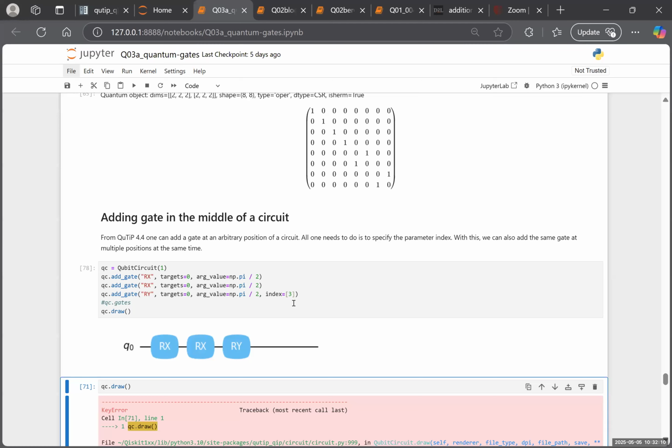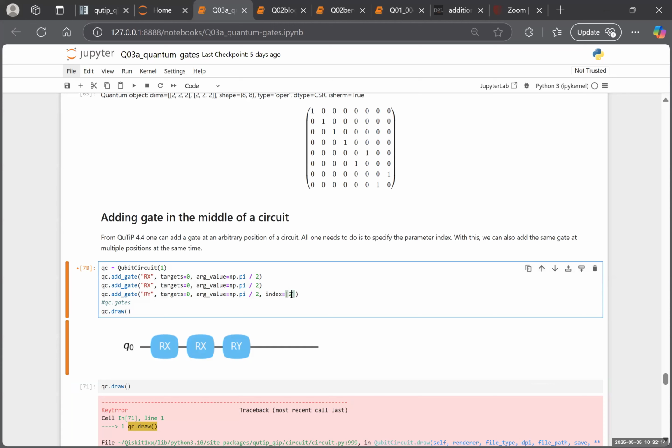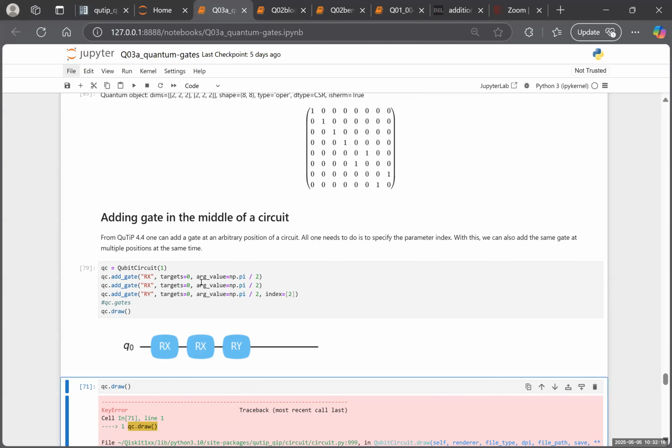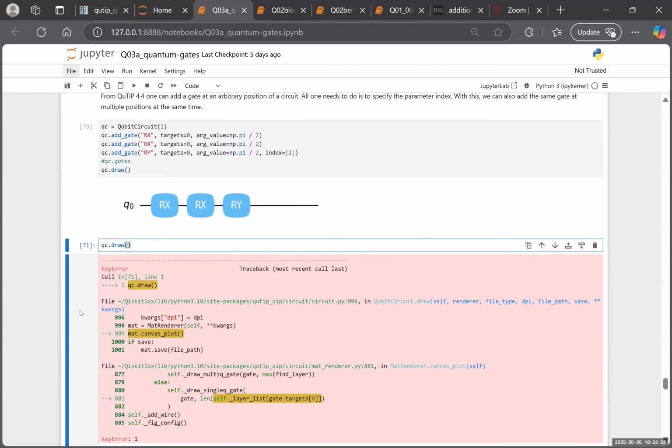Oh, well, you could still add at location three. Okay, so there was some mistake, right? Target should be one. So while we go through this, we may also find mistakes in the notebook as originally created. We don't need this one.